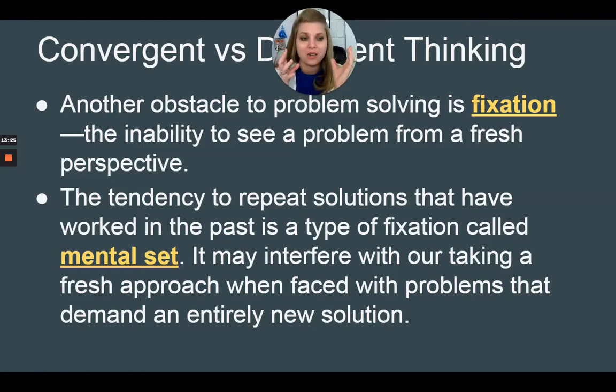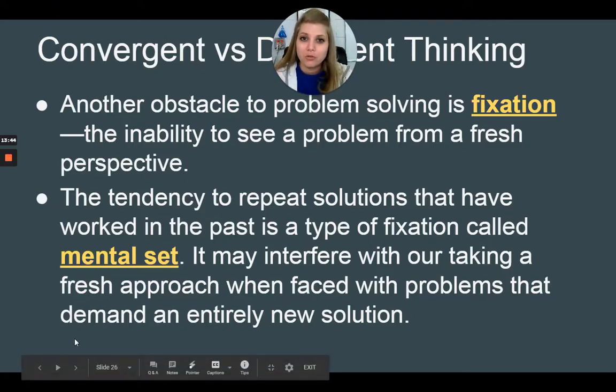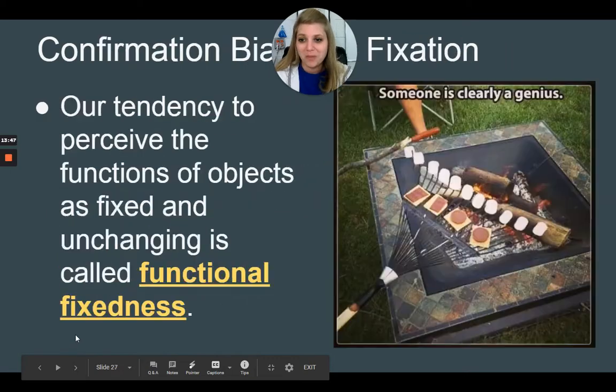New problems require new solutions, and we don't think like that. We get stuck. We get this mental set. We're like, well, this is what worked last time. It's obviously going to. No, it's not obviously going to work this time. That is a way that we interfere with taking a fresh approach to the problems that we encounter.